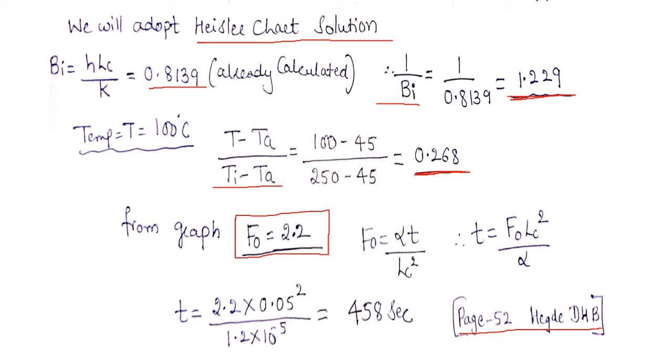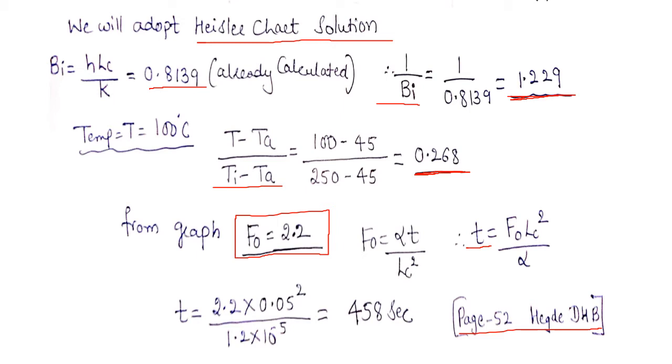With this formula, let me calculate the value of t. Therefore t is given by Fo into Lc square divided by alpha. The Fourier number we have already calculated from the graph as 2.2.